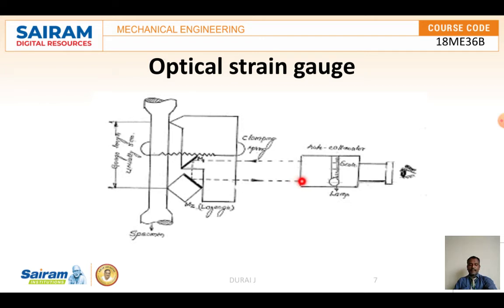The relative movement of the reflected light, viewed through the eyepiece of the autocollimator, is calibrated to measure the strain directly. The gauge can be used for dynamic measurement up to 40 Hz with a photographic recorder, and strains as small as 2 micrometers can be resolved. The gauge length may vary from 6 mm to 250 mm.